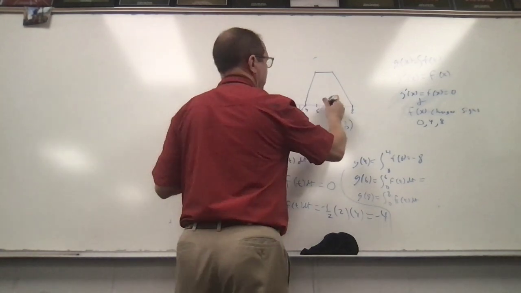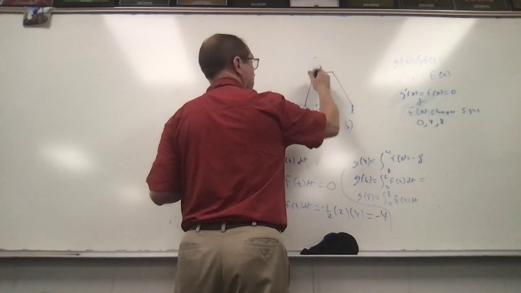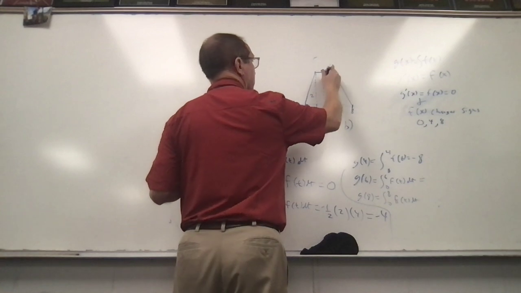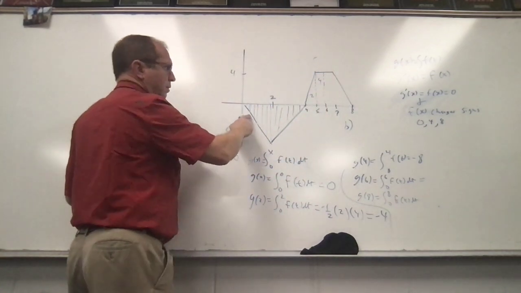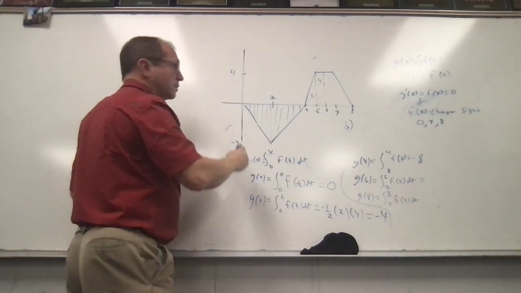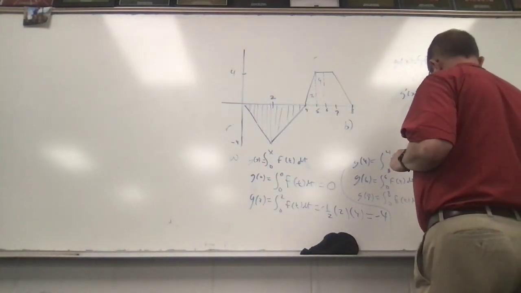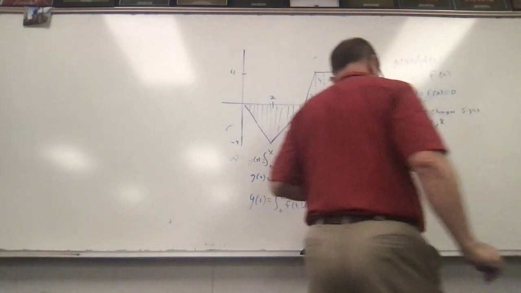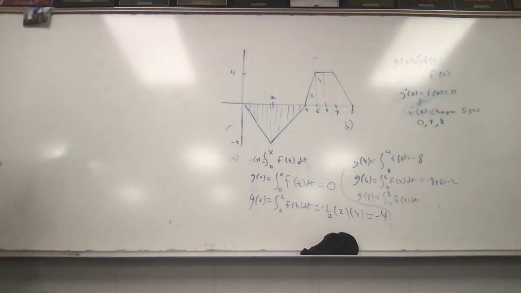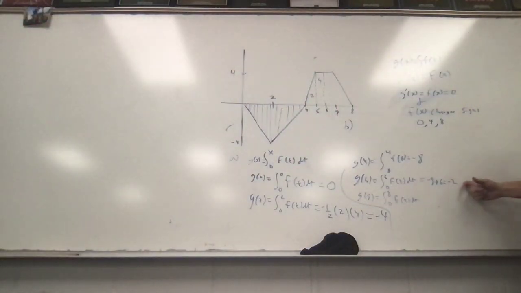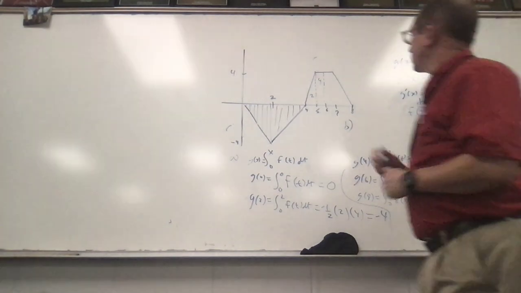Alright, so the area between 4 and 5 was what? 2. The area from 5 to 6 was 4. Okay. But now remember, we're starting here at 0. So it's going to be negative 8 plus 6, which is negative 2. So see, g is increasing. It's still negative though, but g is increasing there, and then add 6 more to it.